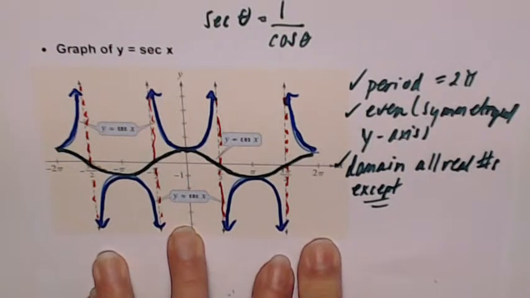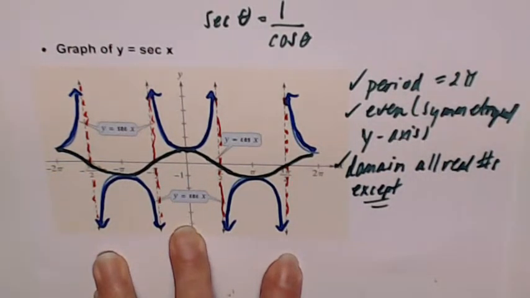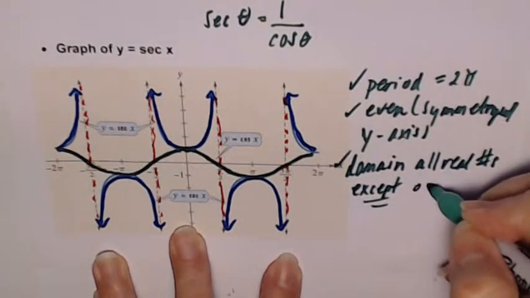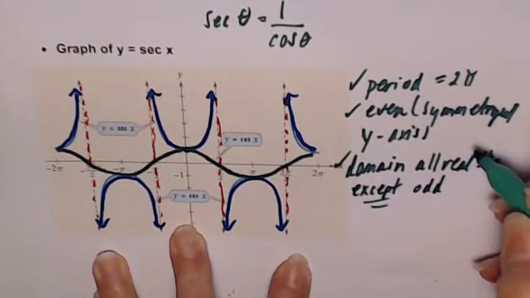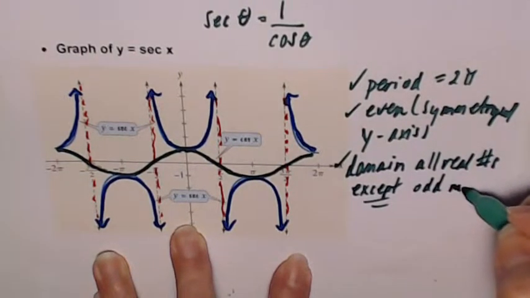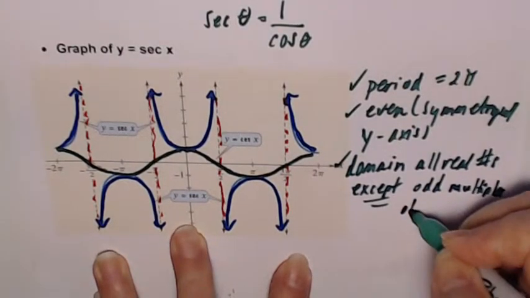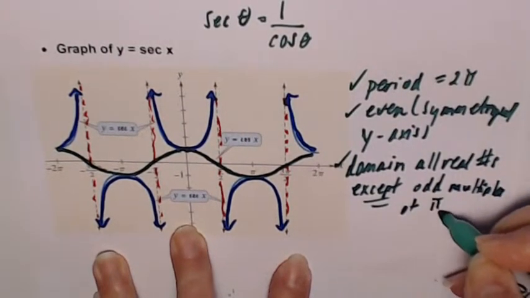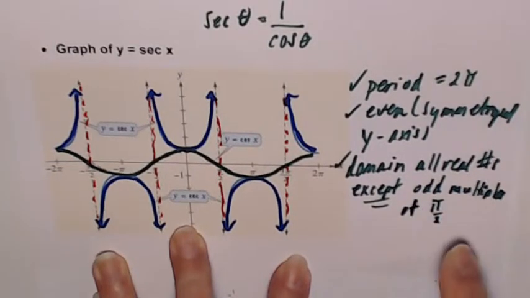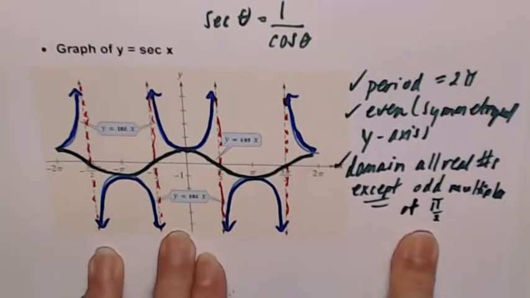And that's going to happen at odd multiples of pi over 2. At all odd multiples of pi over 2.